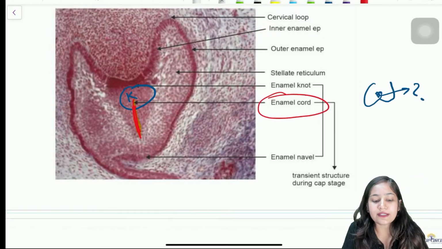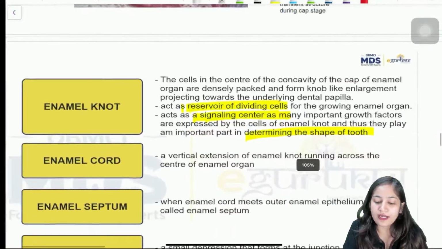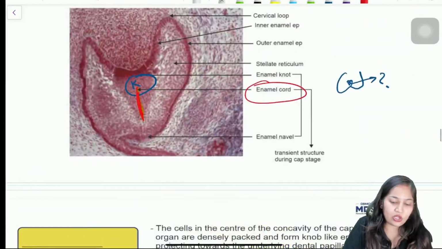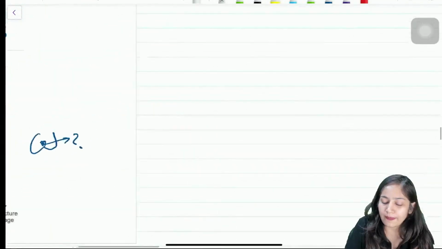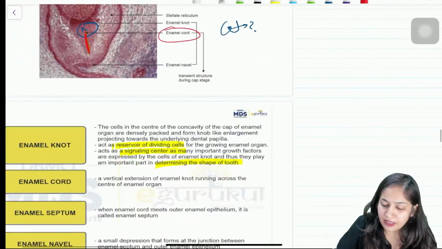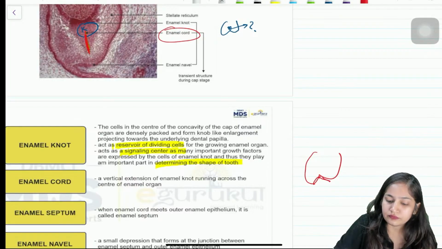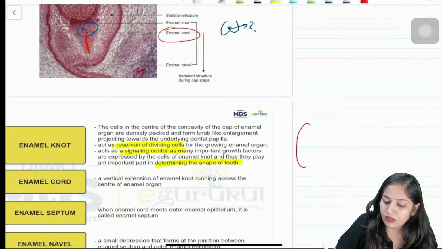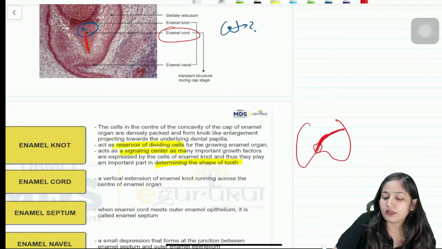So vertical extension of enamel knot running across the center of the enamel organ is our enamel cord. So in this diagram we can appreciate here we have knot, then we have vertical extension is our cord. This is our cord.